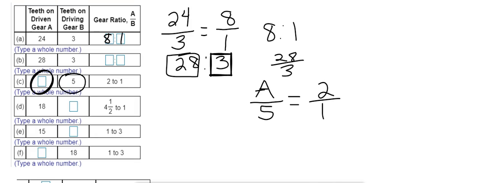A to 5, or A to B, is equal to 2 to 1. So then we just cross multiply to give us 1A equals 2 times 5 is 10. So A equals 10. So 10 is what we would put in our answer blank.